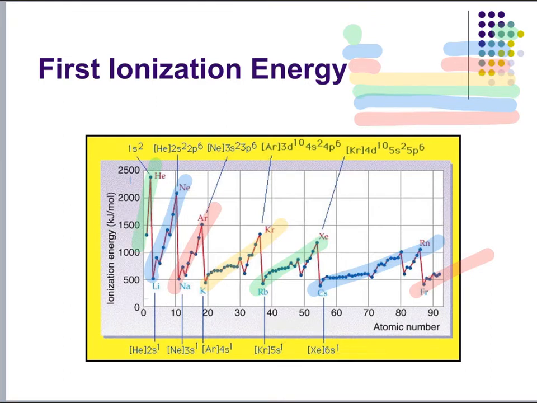Now let's look at this graph in the way that it relates to the rows of the periodic table. So I have each row of the periodic table highlighted in a specific color. If you see the first row in the periodic table, which is just helium and hydrogen, you see they're in green here, and that's going to be going from left to right. Where helium is on the right, with more protons, it's going to be the peak of that row. If you look at the second row across, we would start with lithium and go over to neon.